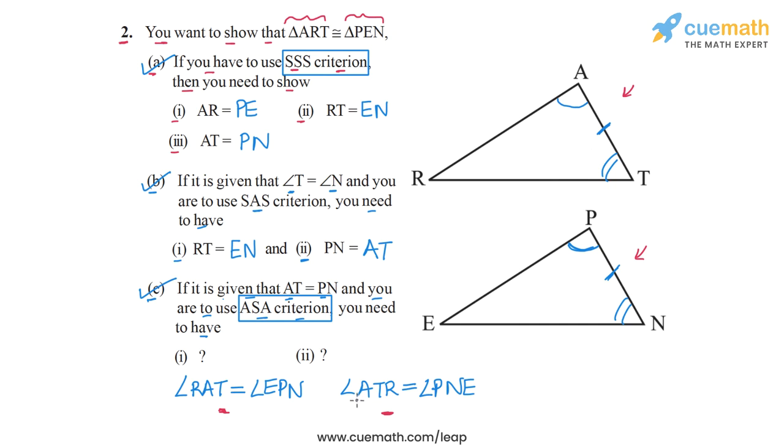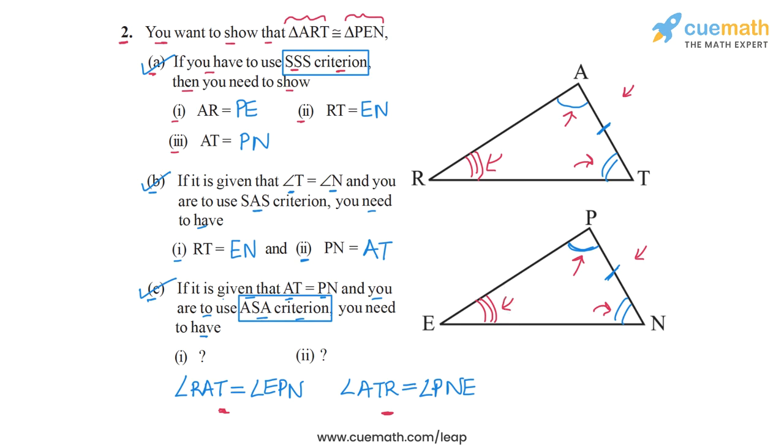But even if we had taken the second pair of equal angles as, let's say, this pair ART equal to PEN, so if we had taken RAT equal to EPN and ART equal to PEN, then also the ASA criterion could have been applied, since the third pair ATR and PNE would automatically become equal if the other two angle pairs are equal.